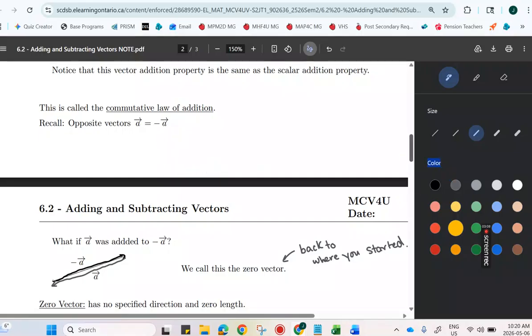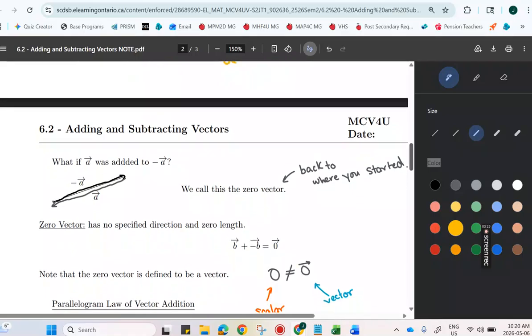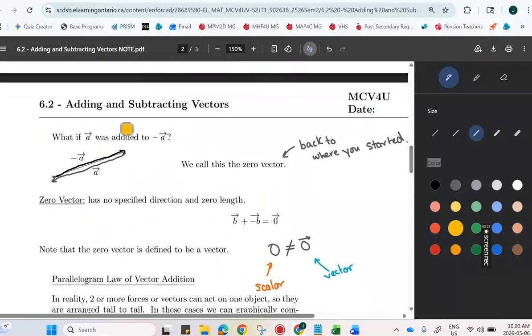To subtract vectors, what we need to remember is that vector A is the same as negative, remember opposite vectors. So, what if vector A was added to negative A?